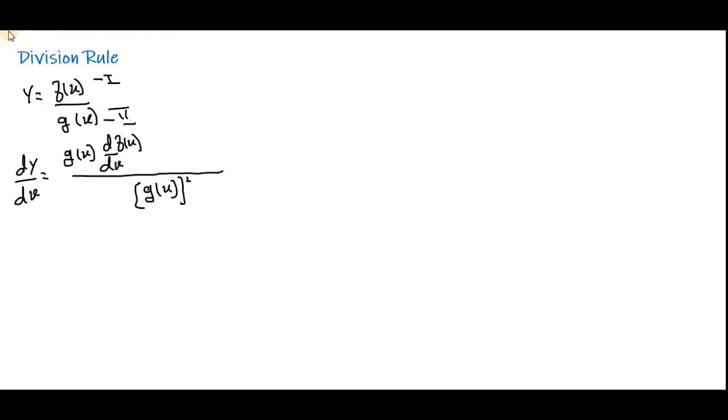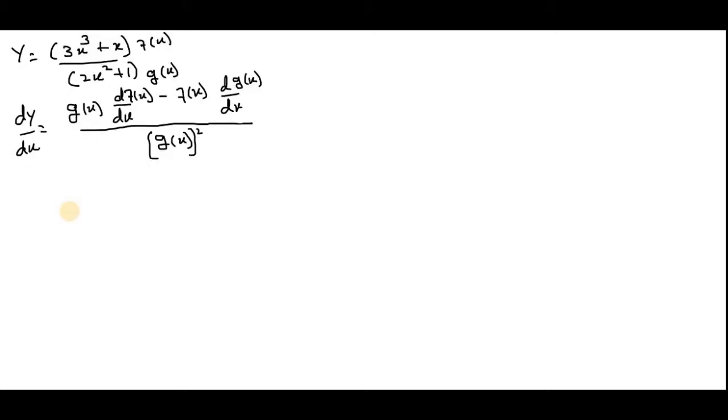Then we take the derivative of first function f of x, put subtraction sign, and the first function will remain as it is, and then we take the derivative of second function. If you understand this formula, then taking the derivative is not so difficult. Now let's start with an example.